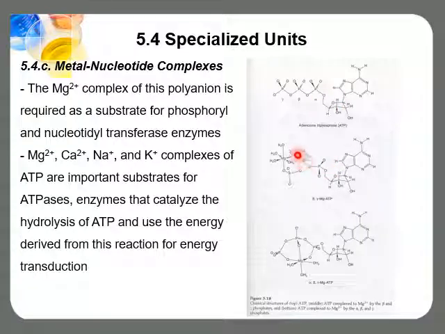Both oxygens from the beta and gamma phosphate can coordinate to the magnesium, and the three, alpha, beta, and gamma, can act as a coordination. In any way, the ATP is coordinated to magnesium to act as a substrate for phosphoryl transferase or nucleotidyl transferase.